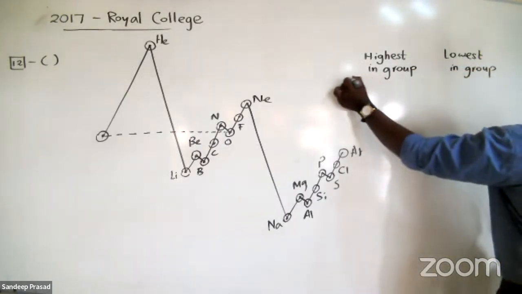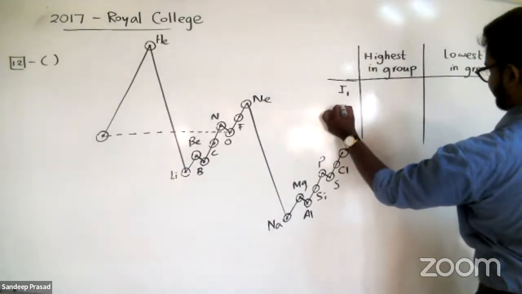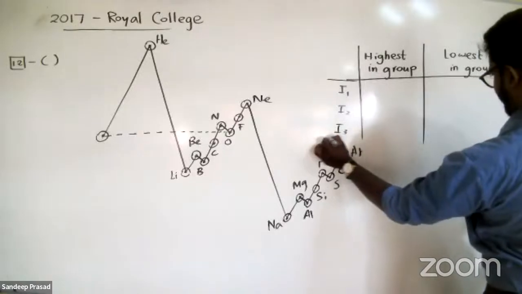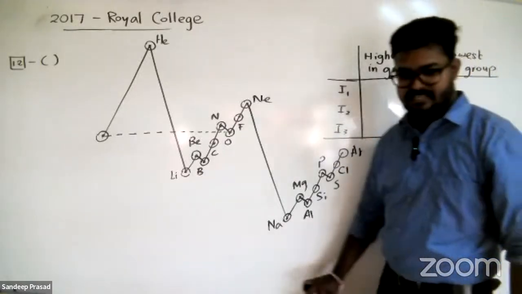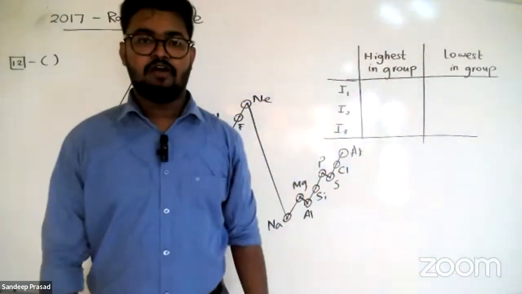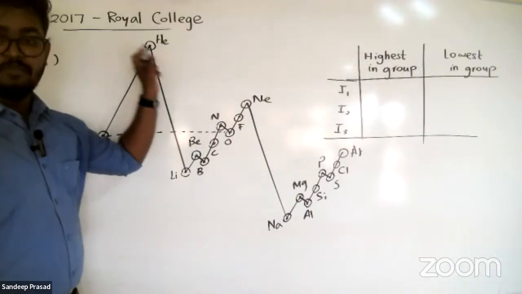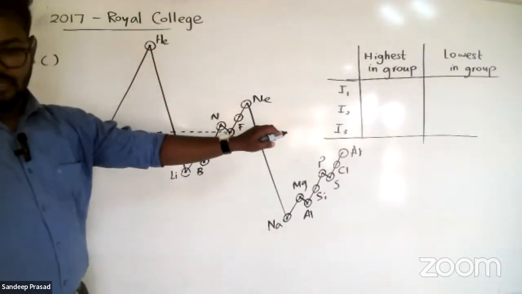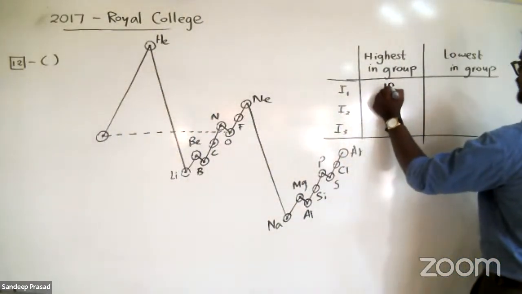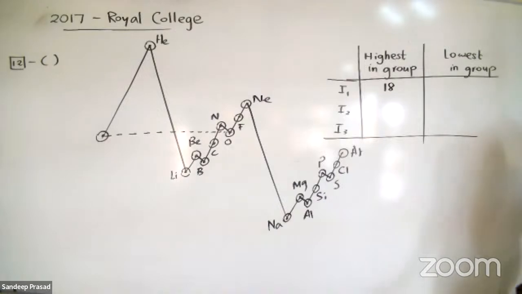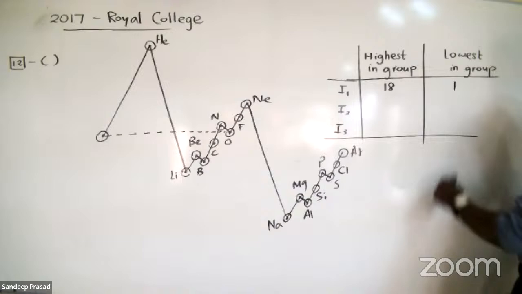If we consider the consecutive ionization energies, I1, I2, I3, tell me the first ionization energy is high in which group according to the graph? According to this graph, you can see that always the peaks are containing noble gases, helium, neon, argon. So therefore, highest first ionization energy belongs to group number 18 elements. And lowest first ionization energy belongs to group number 1 elements.